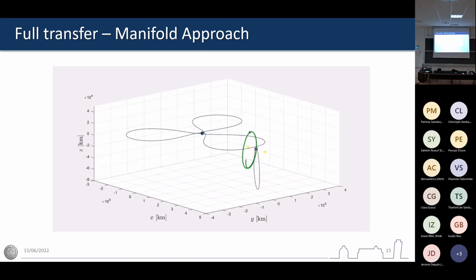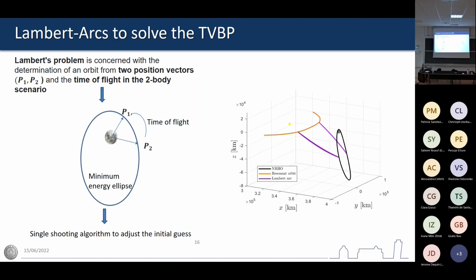Then it leaves. It intersects another manifold, and it is able to get back to one point on the resonant orbit. And this is an example, but as I was saying before, 100 days can be too much.